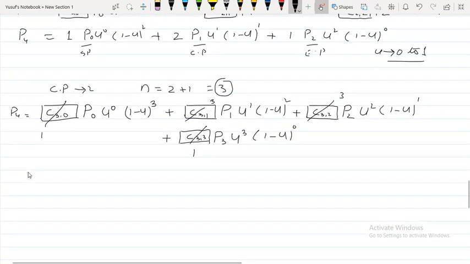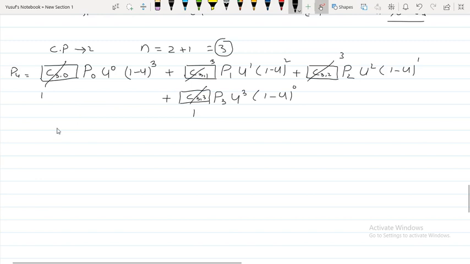Similarly, we can write for the three control points. So in the simplest way I am writing for the three control points. That means the value of n will be 3 plus 1, that is 4. The value of n is 4.